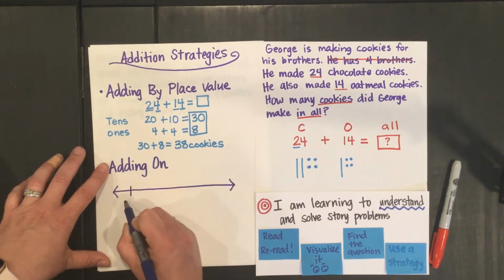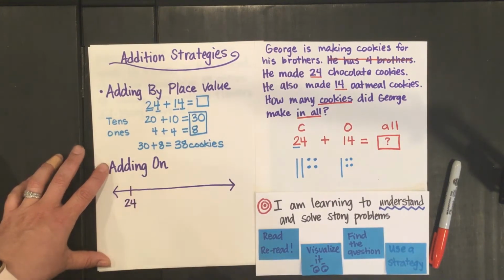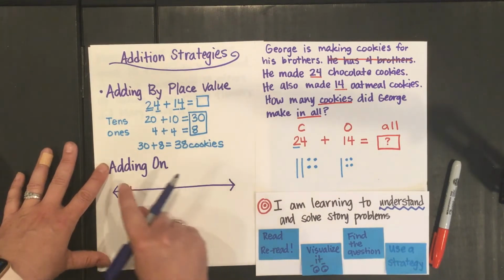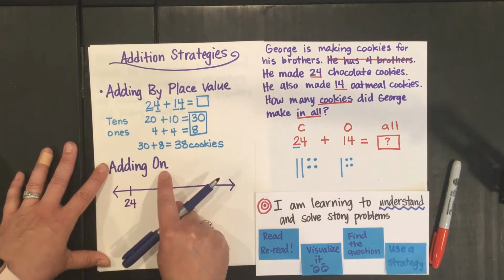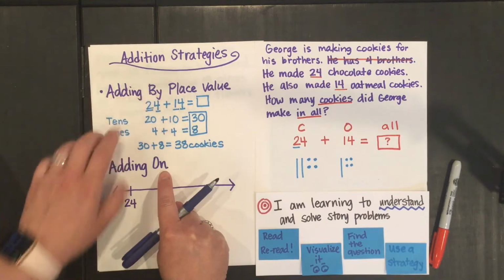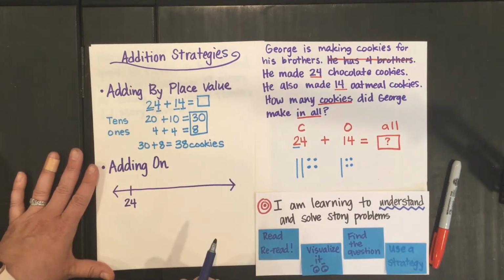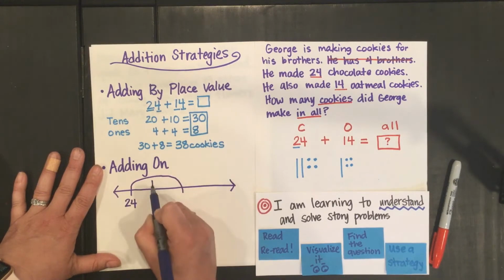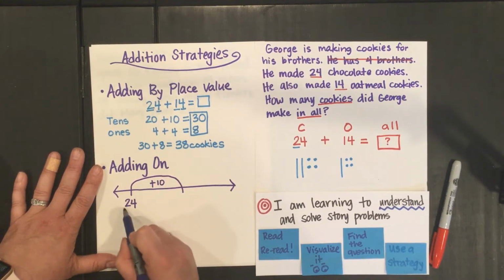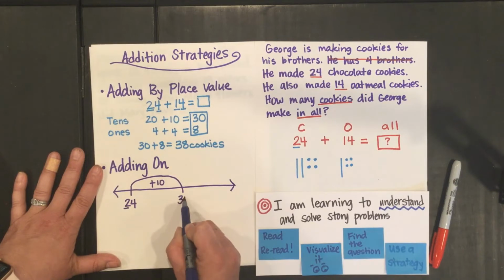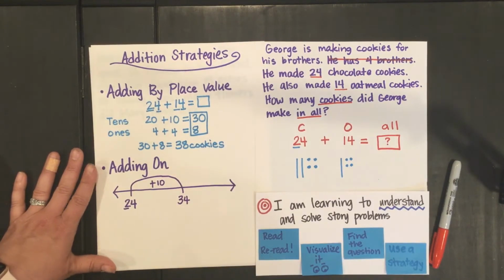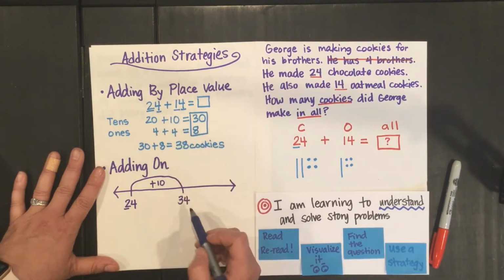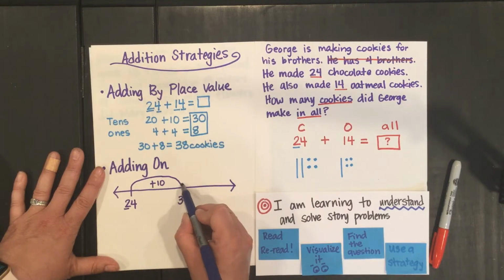I'm going to start my open number line at 24. And then I'm going to add on the 14. And I'm going to add it on in a way that makes sense. First, I'm going to add on the 10 in one giant leap. And so that would be 34. And then I know I have to add on the remaining 4 ones.